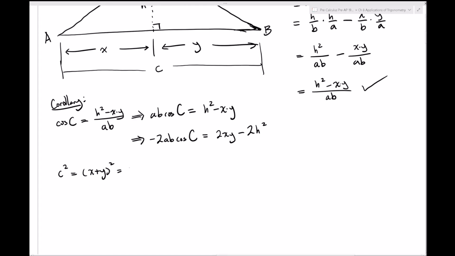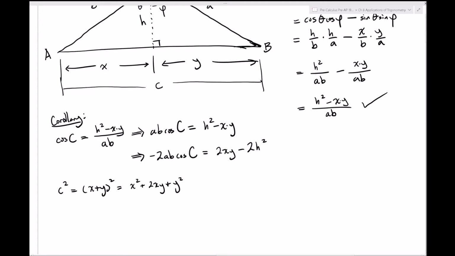And this is equal to x squared plus 2xy plus y squared. That's a perfect square trinomial, a formula that you should be familiar with. It's a factorization scheme and a multiplication scheme for polynomials. So c squared is equal to x squared plus 2xy plus y squared, which I'm getting based off of this idea.